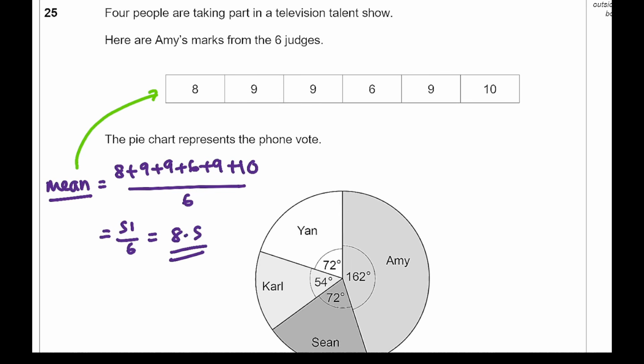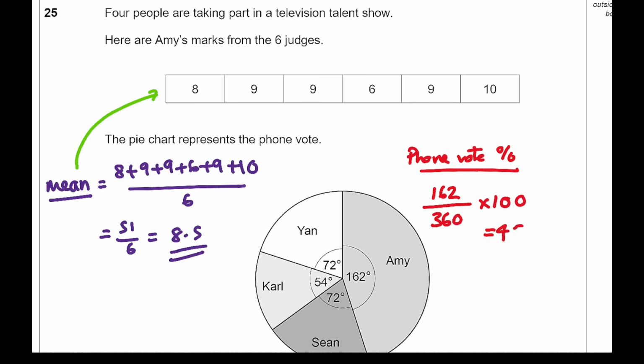Then we need to work out the percentage of the telephone vote. It's going to be the angle of Amy divided by the total number of angles, which is 360, multiplied by 100, which gives us an answer of 45%.